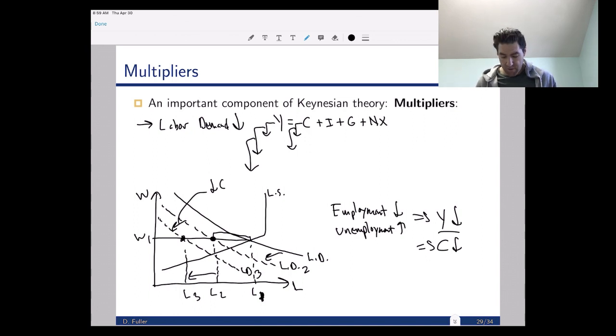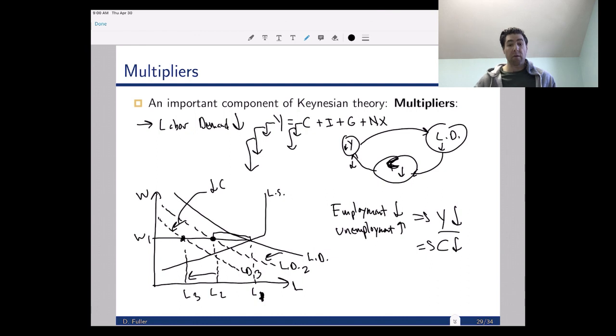So you can kind of think of, you've got labor demand over here, you've got consumption down here, and you've got income. And when labor demand goes down, that causes consumption to go down, which causes income to go down, which then causes labor demand to go down, and this cycles its way around and magnifies the initial shock.